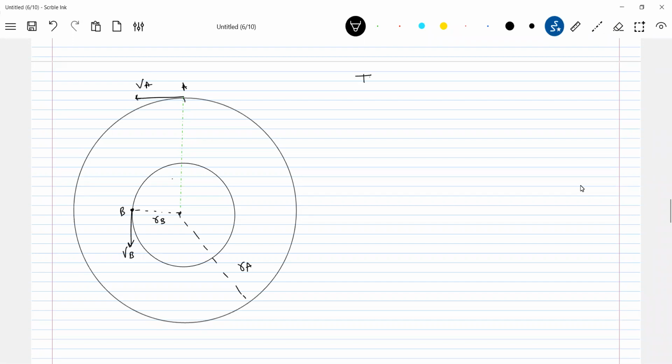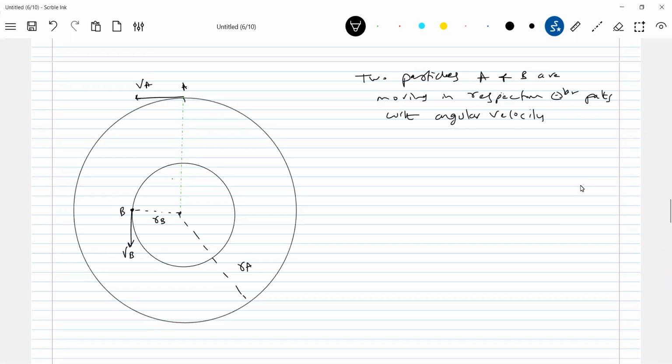Two particles are moving in their respective circular paths with angular velocities omega A and omega B respectively.